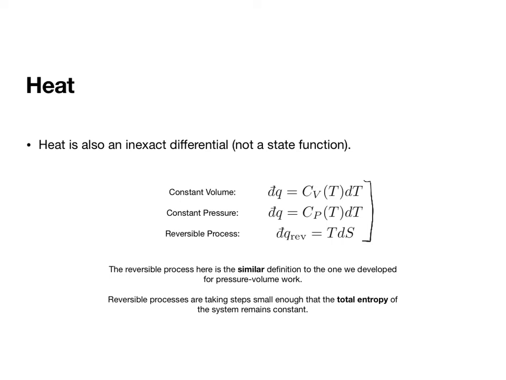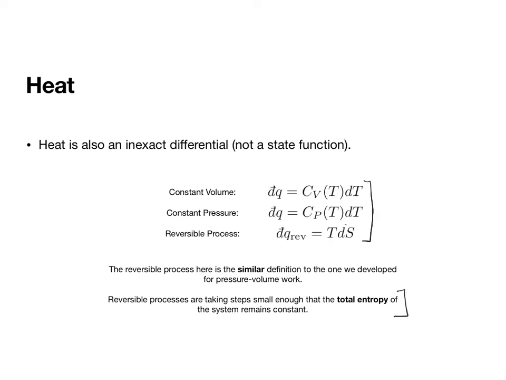is not really useful for us. And so when we have a reversible process, dq reversible is TdS. And remember, just like with the volume case, reversible processes really don't exist. But what we're going to do is we're going to take small enough steps that the total entropy of the system remains constant.